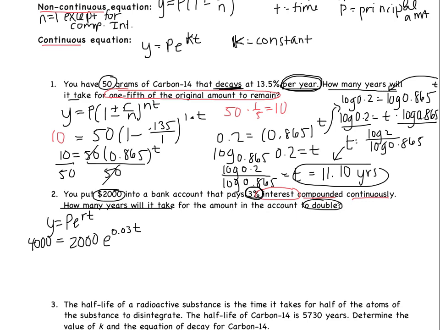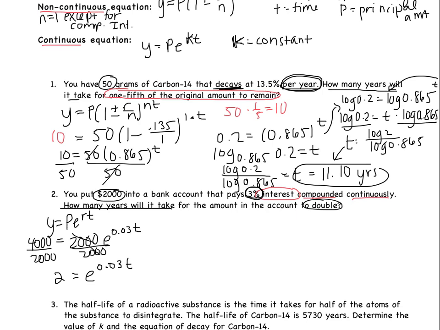So now I'm going to solve. I'm going to divide by 2,000. Those 2,000s cancel on the right side, and I'm left with e to the power 0.03t. And then 4,000 divided by 2,000 ends up being 2. Okay, now I'm solving for t.